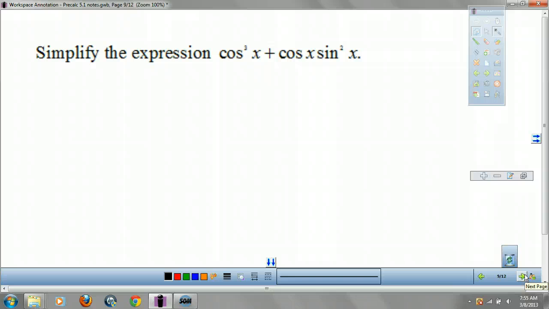Simplify the expression cosine cubed of x plus cosine of x times sine squared of x. I have nothing for cosine cubed. But if you have x cubed plus x times y squared, your first step would be to take out that x. So for this one, we're going to pretend like cosine x was x, and take out a cosine of x.